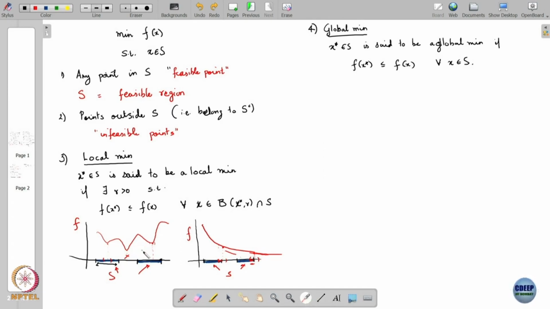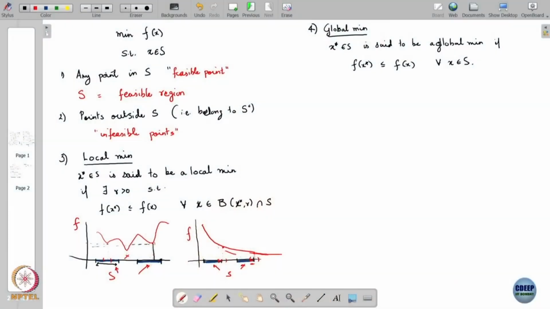Where is the global minimum here? Unfortunately my drawing is not that good, so let's assume this one is lower than this one. What is the global minimum? Yeah, it's this point here, right? So this one here, this is the global minimum of the function.